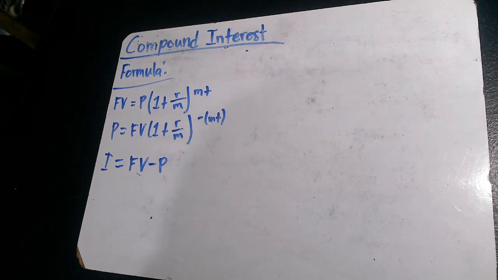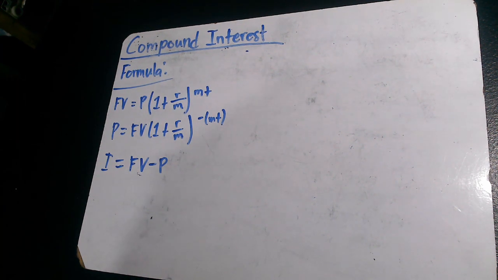Now that we know the formulas we need to use, we can now easily solve example problems. But before I give you a problem to solve, of course, I would first solve an example problem for you to understand properly the compound interest.